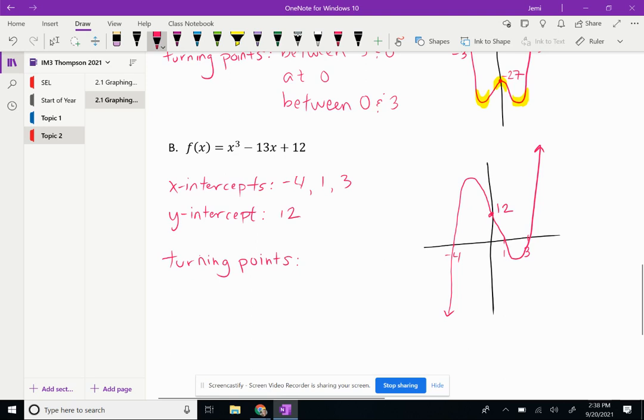This time I only have 2 turning points. I've got one here, which occurs between these 2 intercepts, and I have one here that occurs between these 2 intercepts.